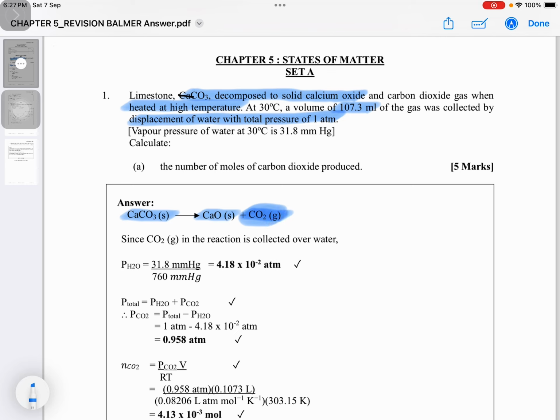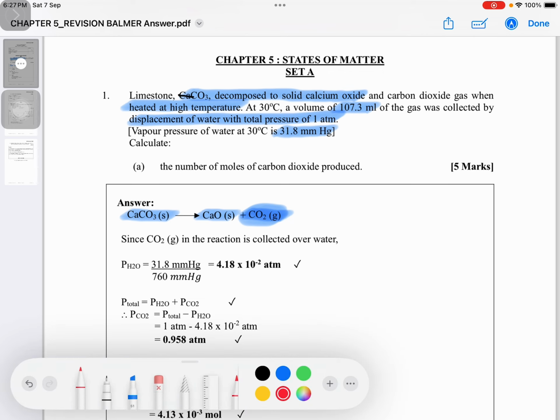So we can calculate the partial pressure of H2O in atm. Given the partial pressure for H2O is 31.8 millimeter mercury, we convert to atm by dividing by 760 millimeter mercury.